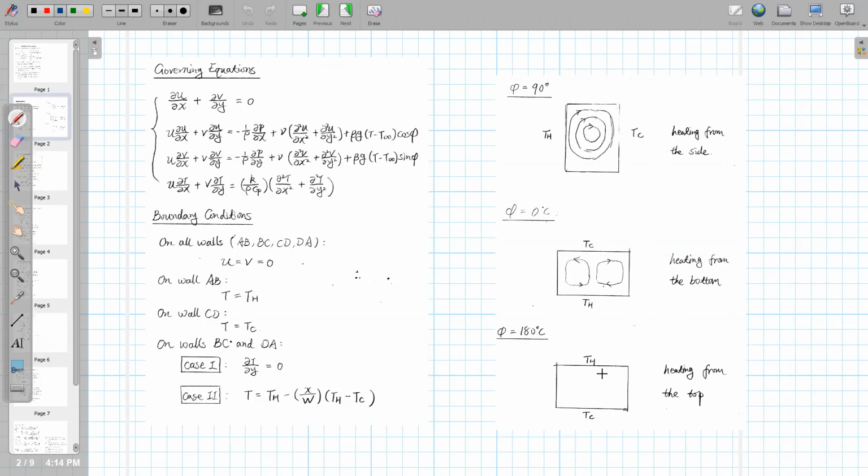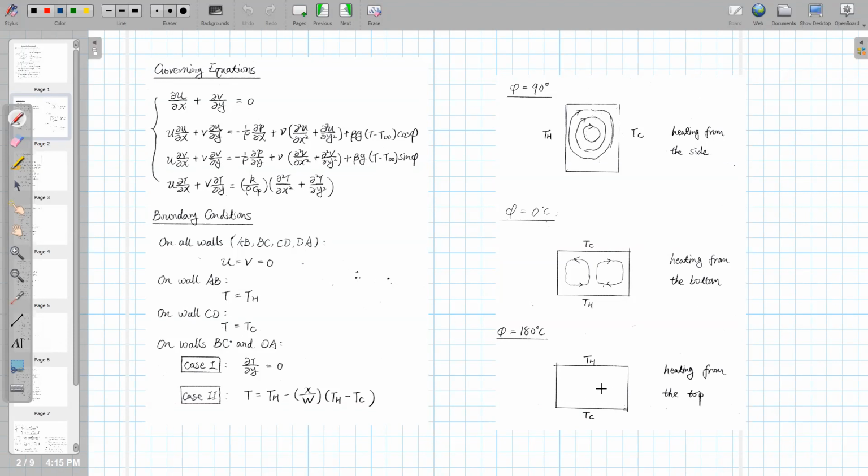In this case, because the hot wall is on the top, it will form stratified thermal layers. At steady state there will be no fluid motion. The region close to the top wall will have a higher temperature, and the region close to the bottom wall will have a lower temperature.